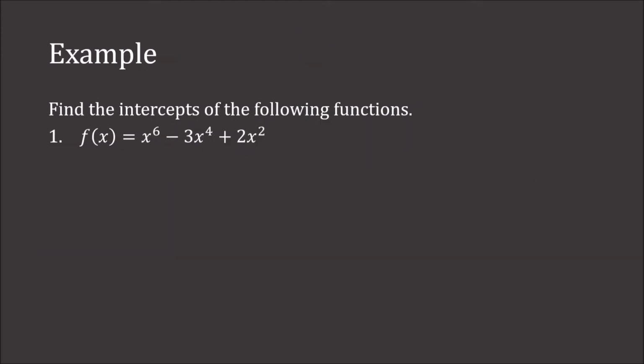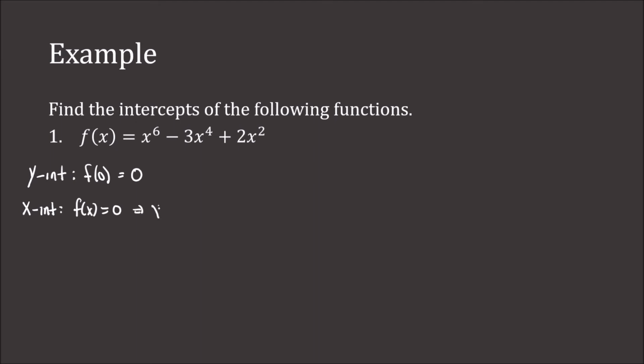Here's our first function, x to the 6th minus 3x to the 4th plus 2x squared. To determine the y-intercept, all we do is evaluate f of 0. That's just 0, so the y-intercept would be 0, 0. To find the x-intercepts, we must solve f of x is equal to 0.